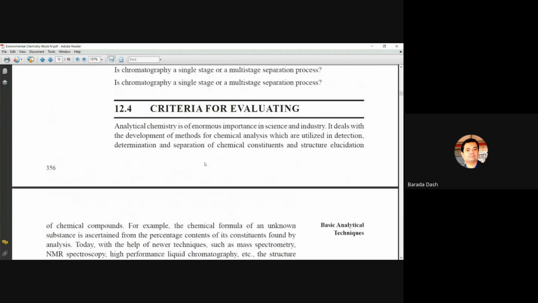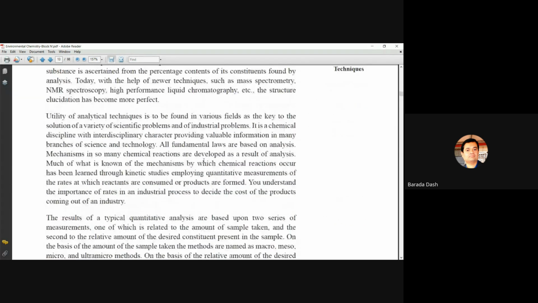So next is criteria for evaluation. Analytical chemistry is of enormous importance in science and industry. It deals with the development of methods for chemical analysis, which are utilized in detection, determination, and separation of chemical constituents and structure elucidation of chemical compounds.